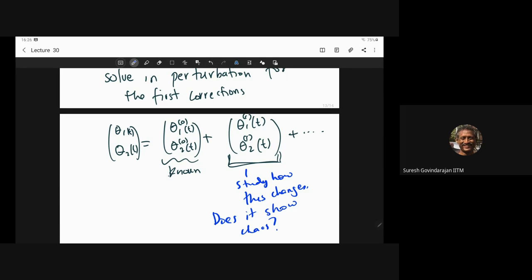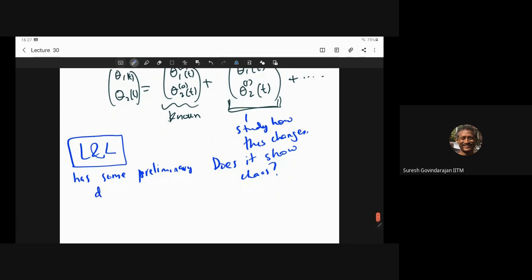So these are things. Again, Landau Lifshitz has some preliminary discussion. But I must tell you that is one of the densest books I know.